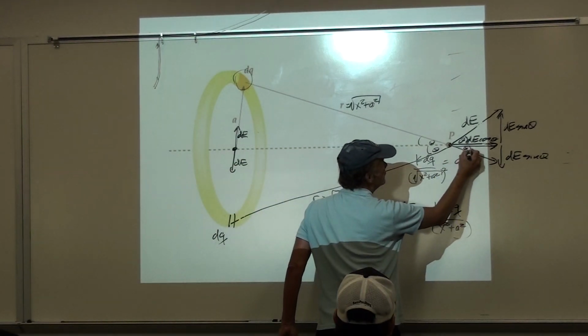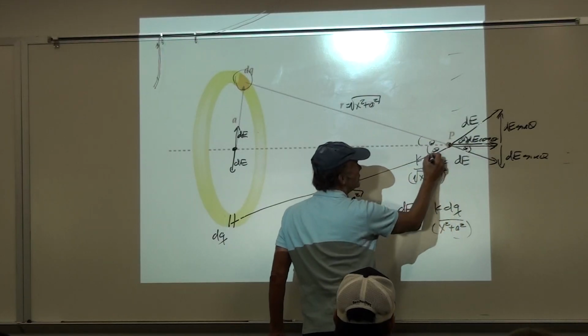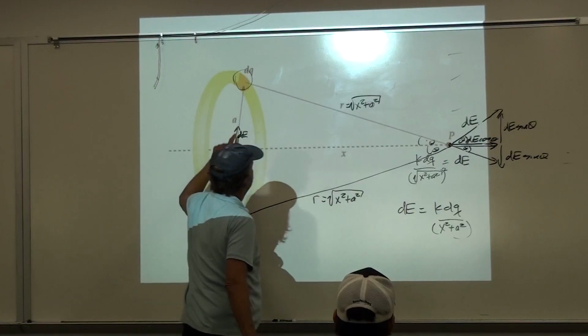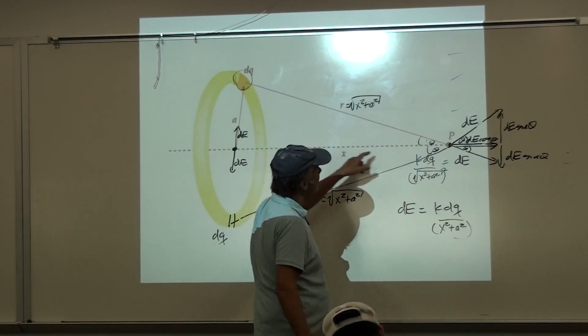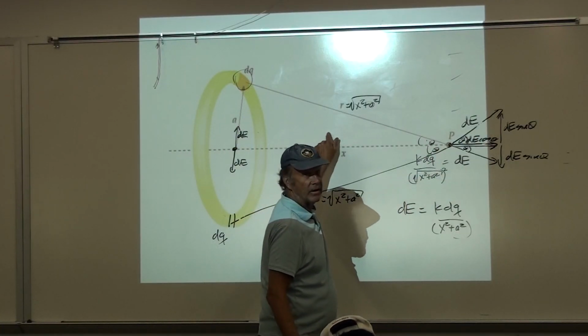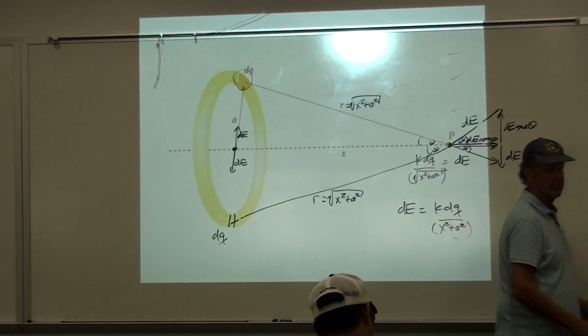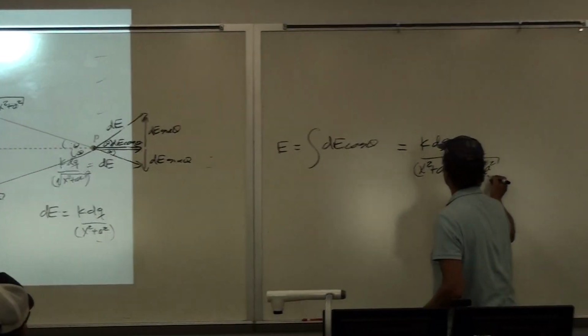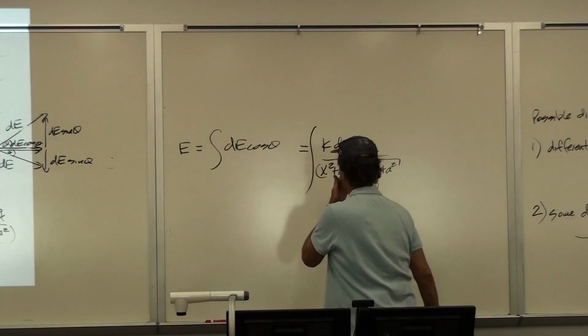Because all the angles are the same, this triangle is similar to that one, and so therefore has the same ratio of its sides. Okay, so this is our cosine theta, and then we're going to integrate.